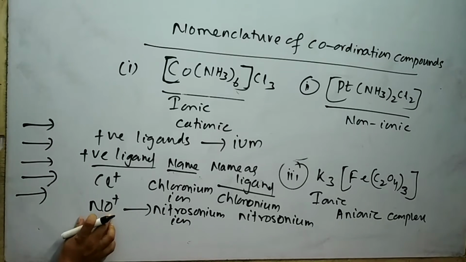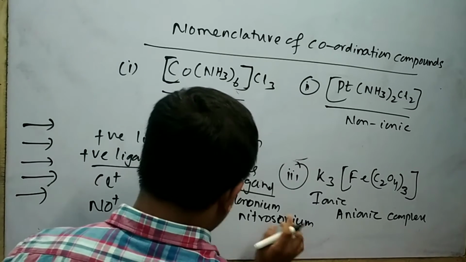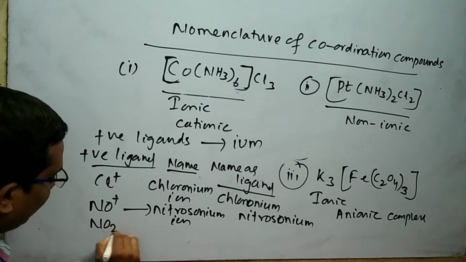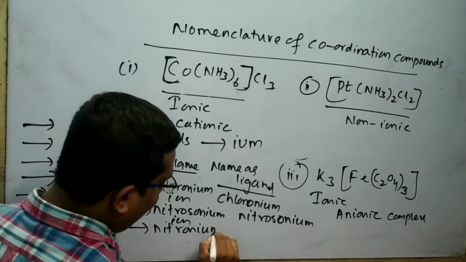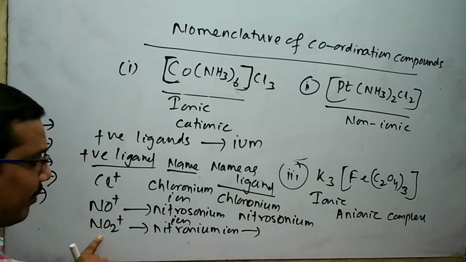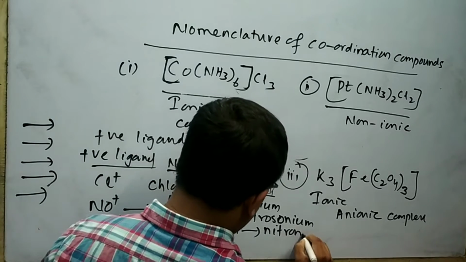If it is used as a ligand, then it is written as nitrosonium. Similarly, NO2+ is nitronium ion, and if it is used as a ligand, then I can write nitronium.